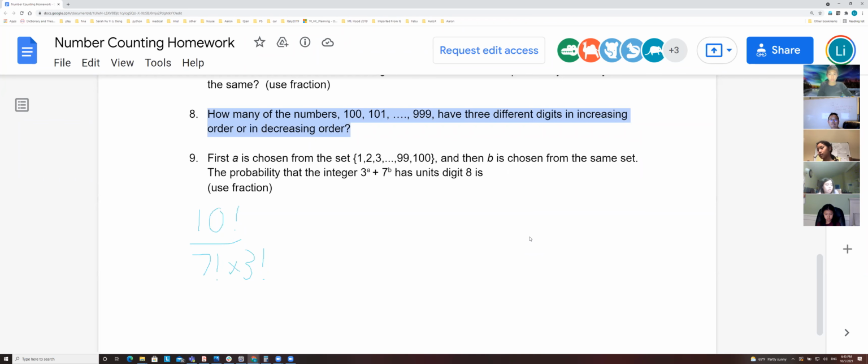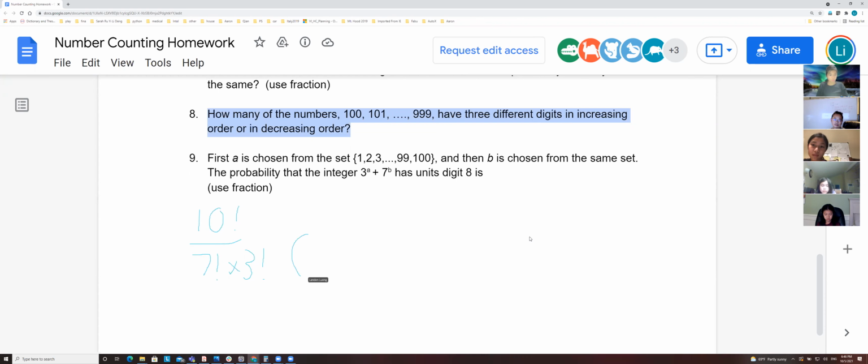And since it was 10 factorial, I did 7 factorial. Okay, 3 would make sense. 3 is to get rid of the repeating ones, right? Yeah. And what about 7? I'm not sure. I used combination to do it. So what's the combination, your expression?